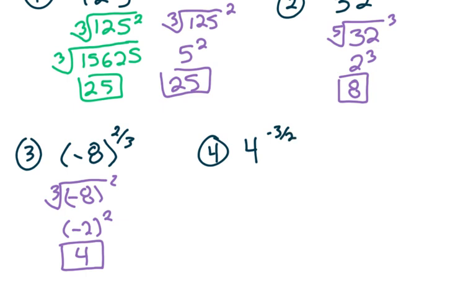Now, if you remember from middle school math or algebra 1, negative exponents move things to the denominator. So the negative part of the exponent will move our function to the denominator.